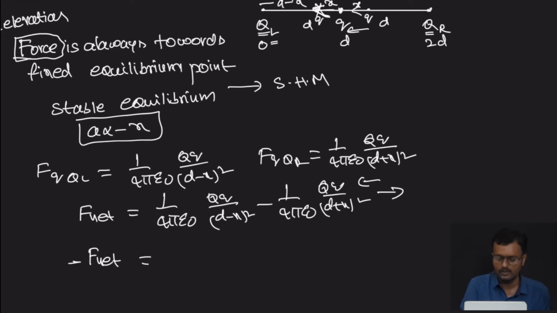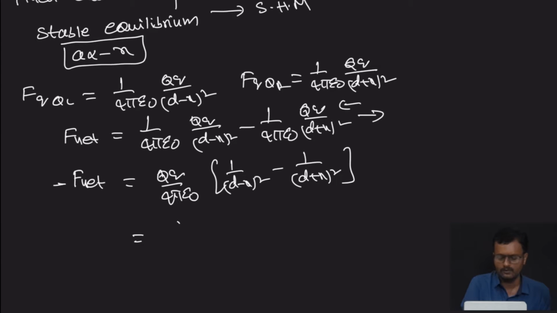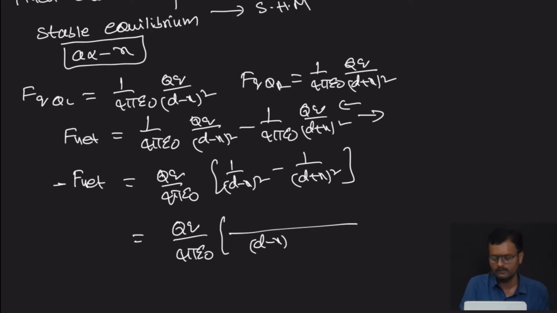That is equal to, look here, in both terms Qq by 4 pi epsilon naught is common. That is 1 by d minus x whole square minus 1 by d plus x whole square. That is equal to Qq by 4 pi epsilon naught times, see, d minus x whole square into d plus x whole square in the denominator, and the numerator is d plus x whole square minus d minus x whole square.